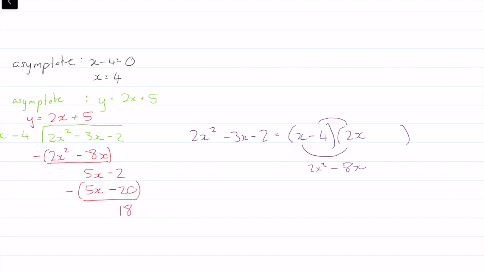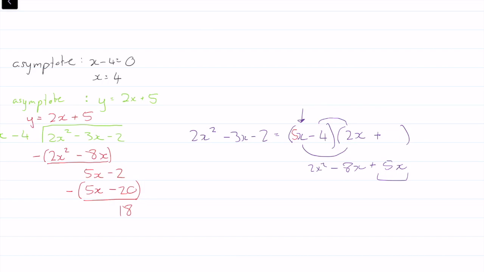So something needs to happen. I need to add a positive 5x somehow when I multiply with that x right here. So I can just add plus 5. If this was 5x, then I would only need to add plus x.